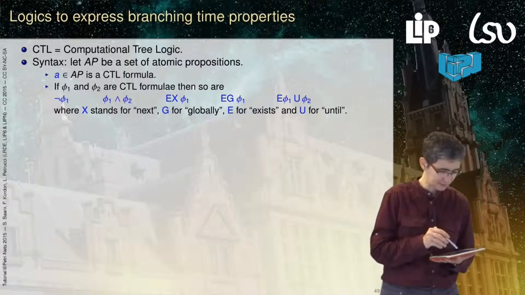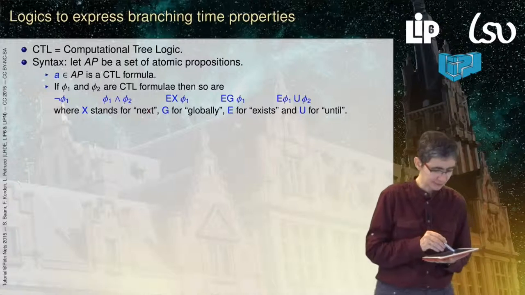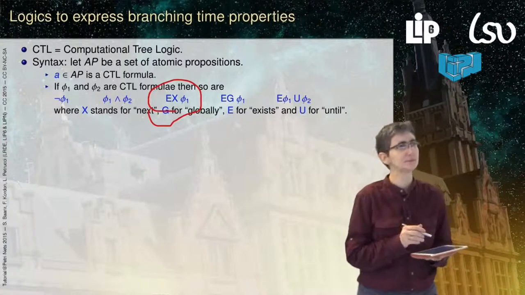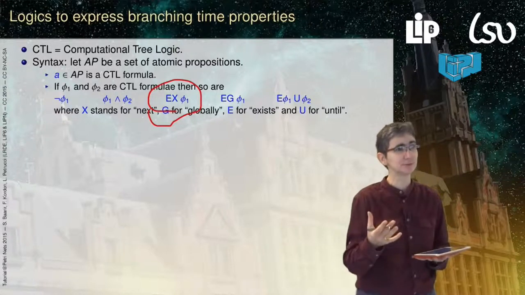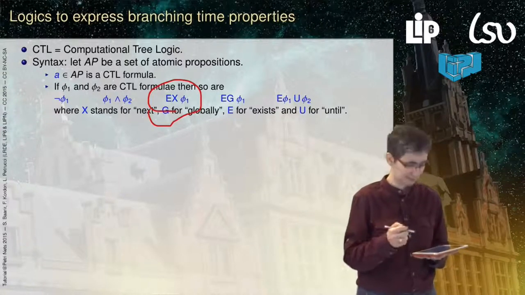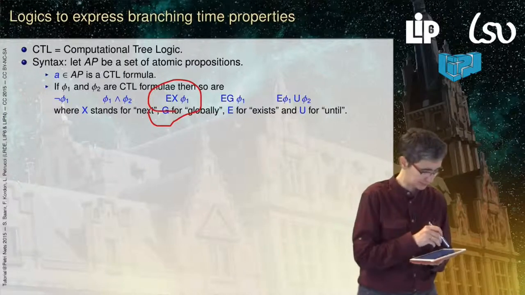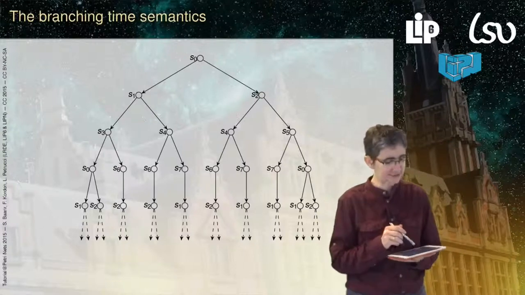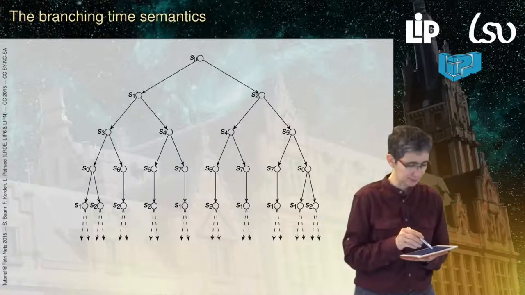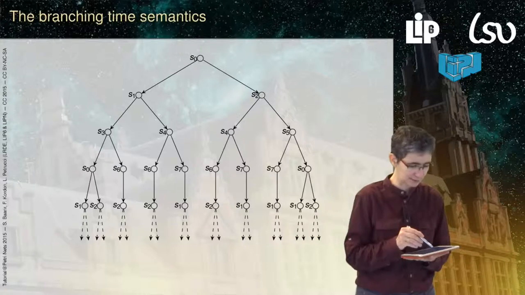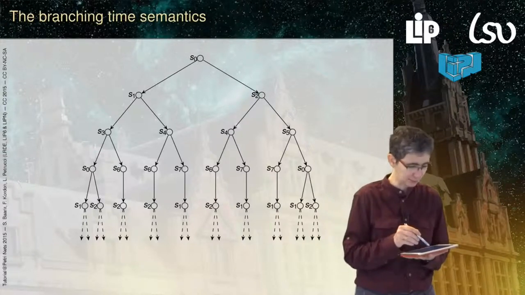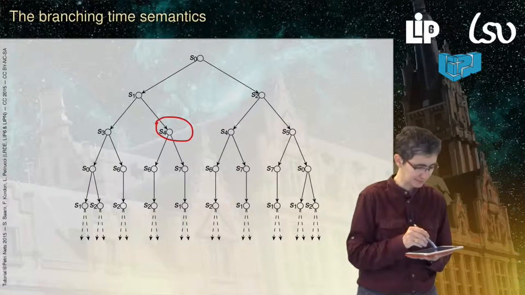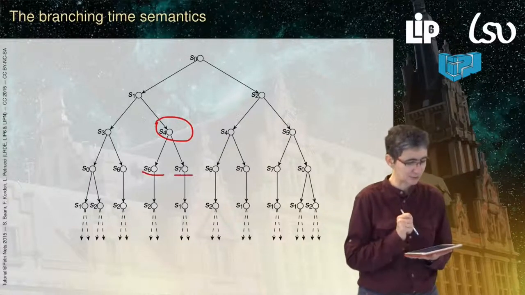So you can express in CTL EX phi 1, exists next. Remember that you have a full set of paths that you can use. Exists next makes it possible to express that if you are in some state, there is something happening next on one branch or on the other branch.